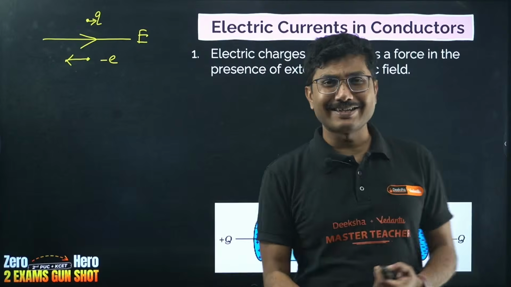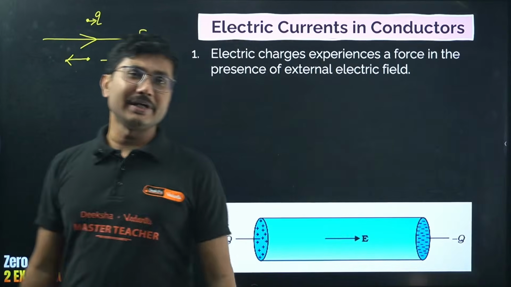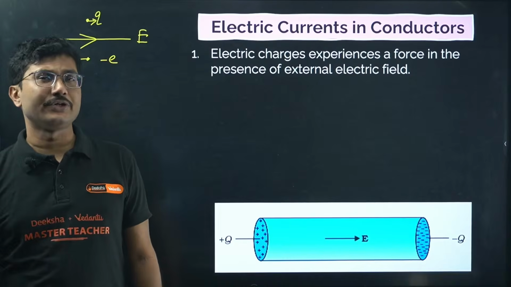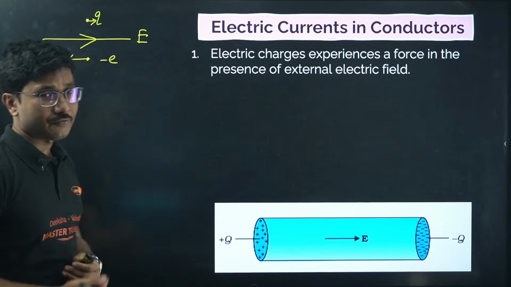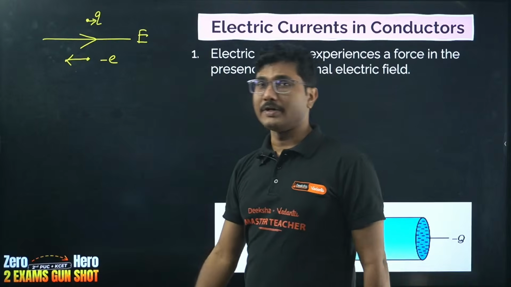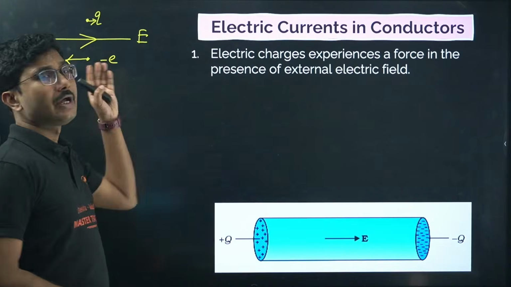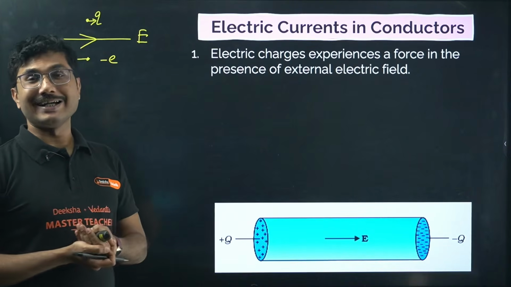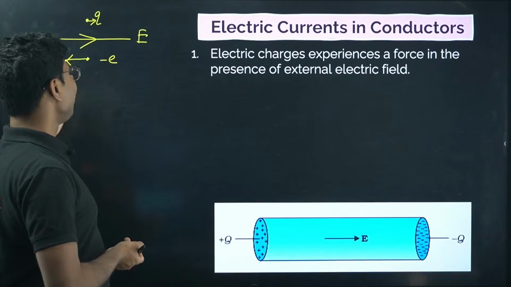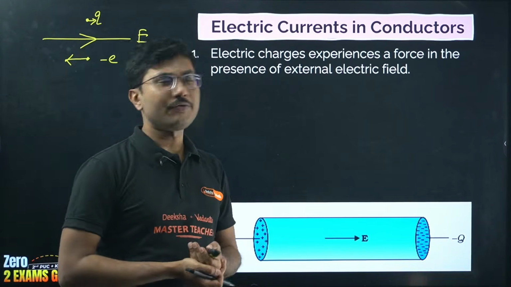So if we put a charge inside an electric field, it will experience a force, in the direction of the field or opposite to it, based on the polarity of the charge. If the charge is positive, it experiences a force in the direction of the electric field; if negative, in the opposite direction.